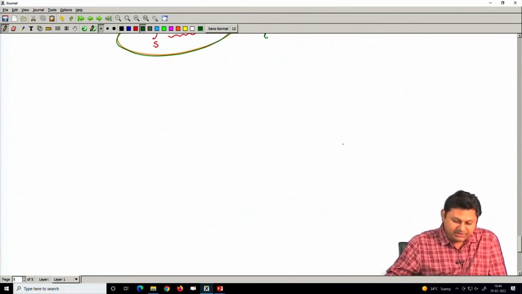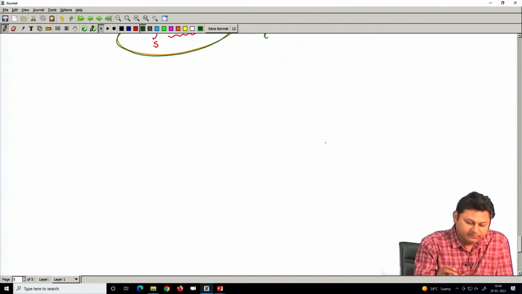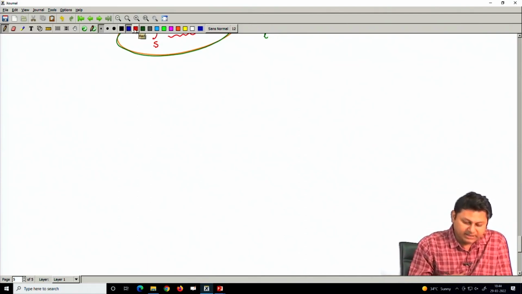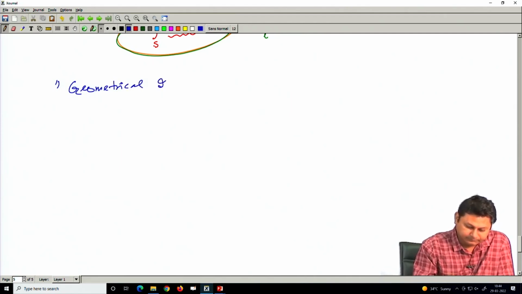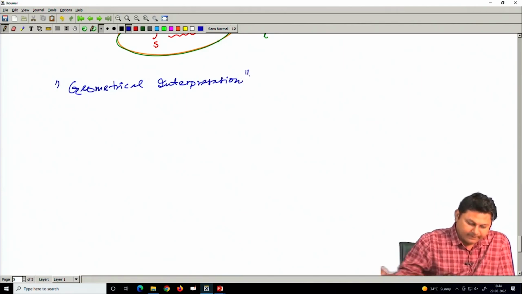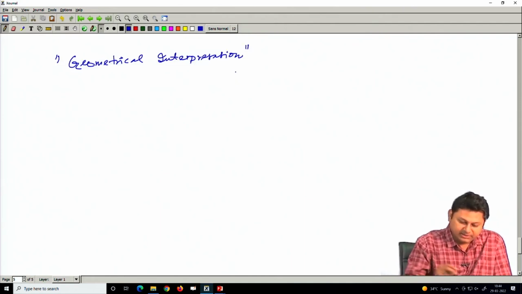Geometrically, before going to a rigorous proof, it is quite nice to understand. This is the geometrical interpretation of the statement.